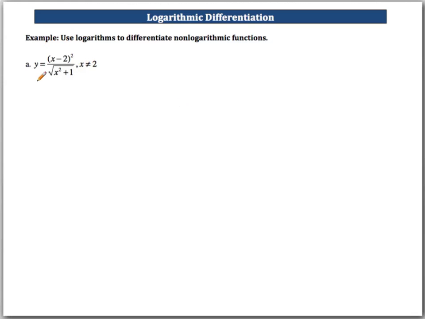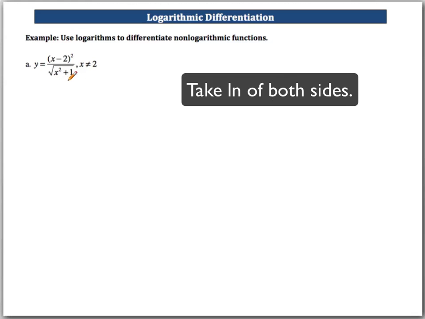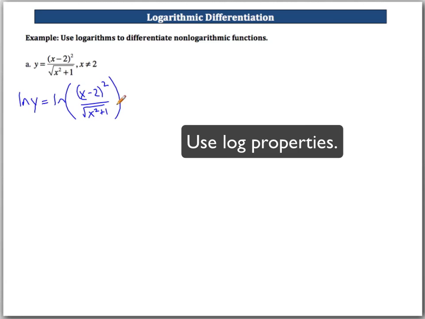So the first thing we want to do with this function is take the natural log of both sides. So we'll just say the natural log of y equals the natural log of this entire side. So x minus 2 squared over the square root of x squared plus 1. Okay, so that's the first step, taking the natural log of both sides. Now we want to use log properties to expand this natural log function.